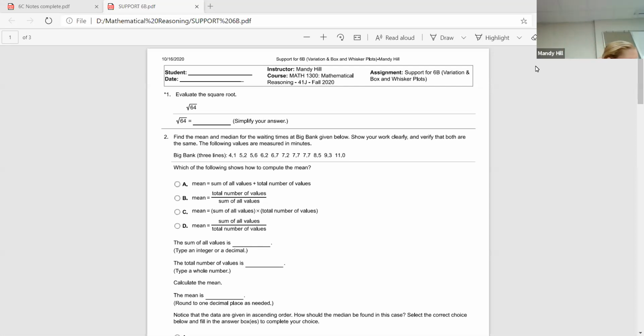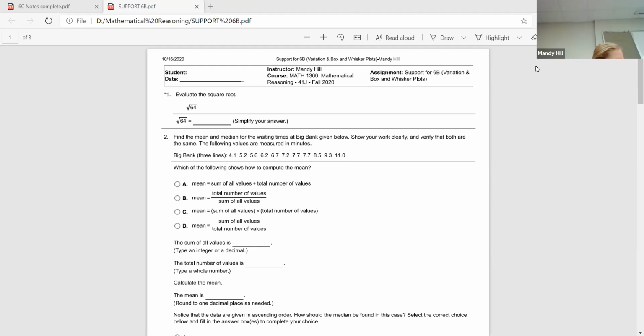So 6B support, the first problem on 6B support says it wants you to find the square root of 64. Okay, so when you're trying to find the square root, all that simply means is what two numbers can be multiplied by themselves that are going to give you back 64.